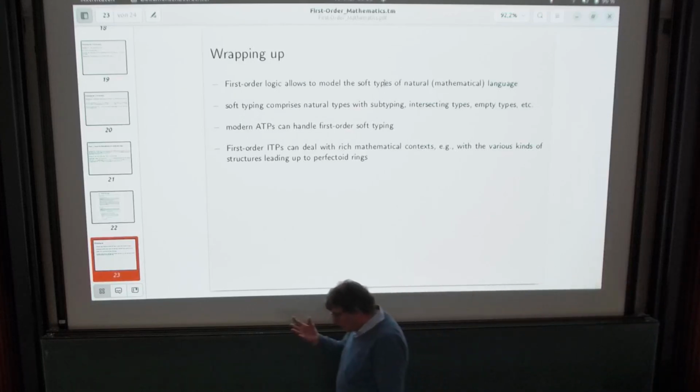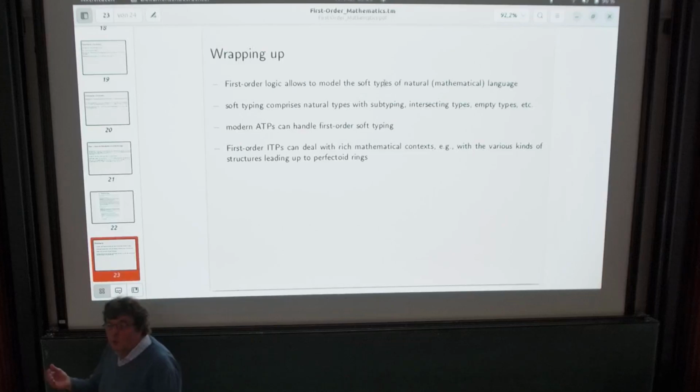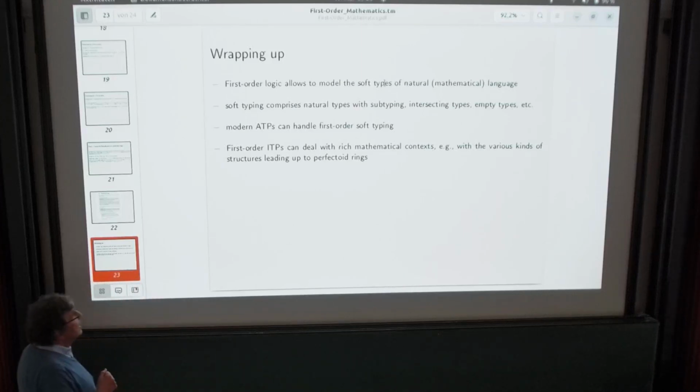Well, we are talking about theories which involve quite a lot of soft typing, for every natural number, this and that, every group, etc. And then subtyping, which is usual. So soft types, I would say, come from natural language. This is just the language that we use mostly.